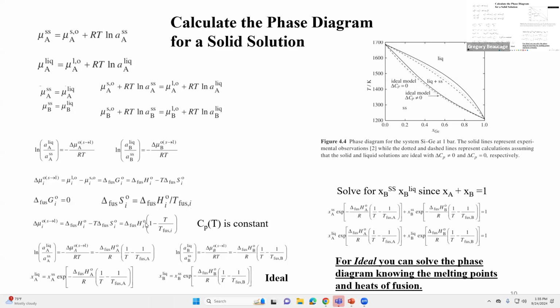Right, so then you can just rewrite this thing, and it looks just like the thing we had before. 1 minus T over T star, the critical temperature that we had before from the Hildebrand, right? So T fusion is the critical temperature here. It's 1 minus T over T fusion. That expression of 1 minus T over some magic T is a governing thing you'll see in thermodynamics over and over again.